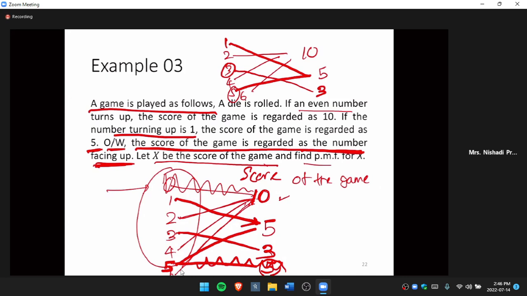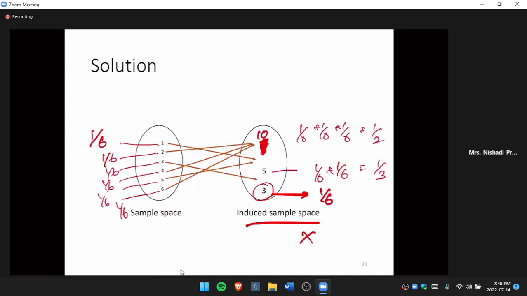Now see the next slide again. We were discussing how to write associated probabilities. We have found the associated probabilities of 10, 5 and 3 as half, 1 over 3 and 1 over 6. Now, you know the total probability is always equal to 1 for any experiment.